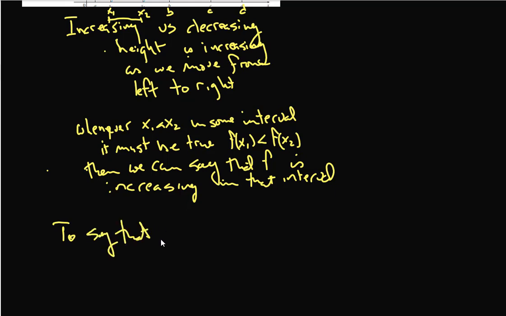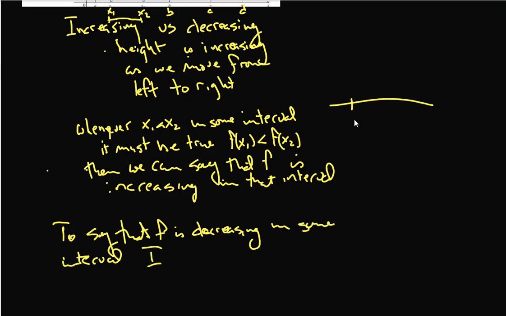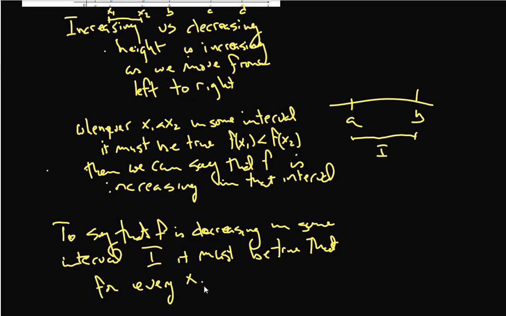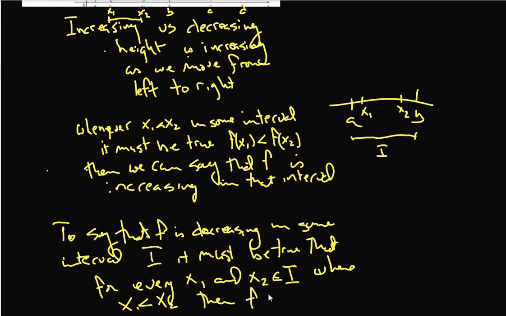To say that f is decreasing in some interval, let's call that interval I. Here's A, here's B. We could talk about this interval, and I'd be calling it interval I. If I want to say that it's decreasing in there, then it must be true that for every x1 and x2 in I, that means for any two points in the interval where x1 is to the left of x2, then f of x1, the height at x1, has to be greater than the height at x2.